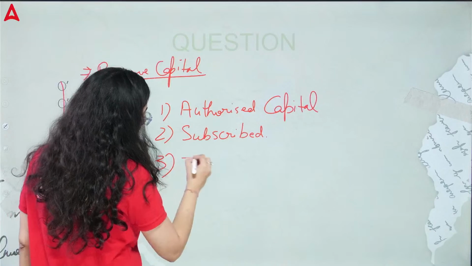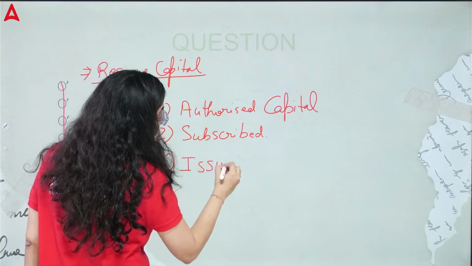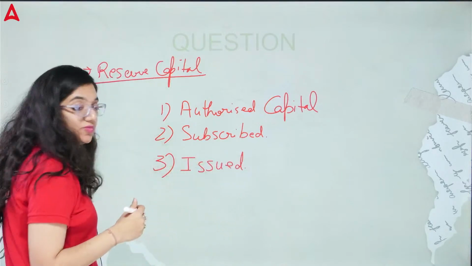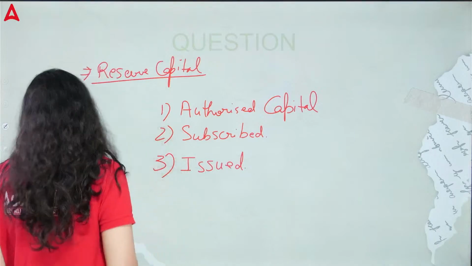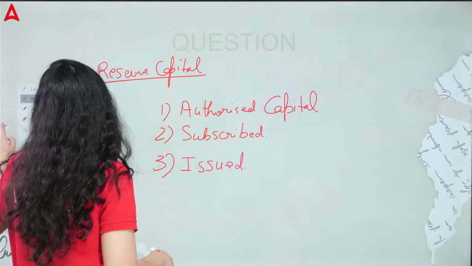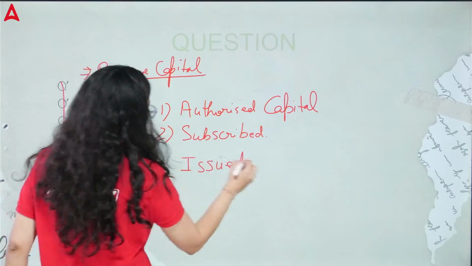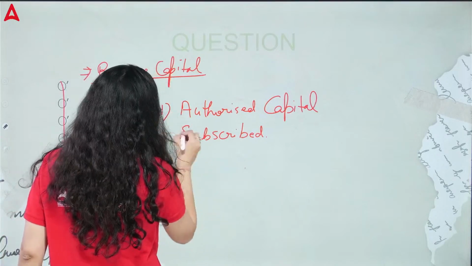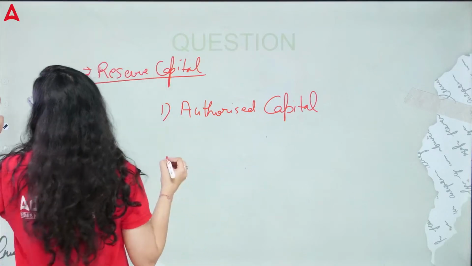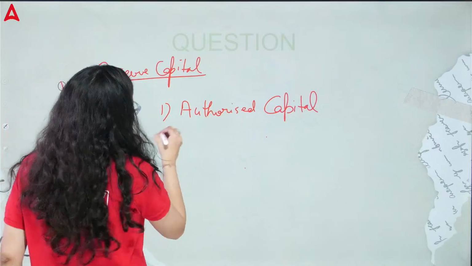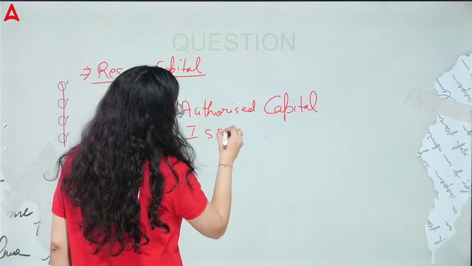Then the next one is issued capital. Issued capital comes first, because first of all you issue to the public.